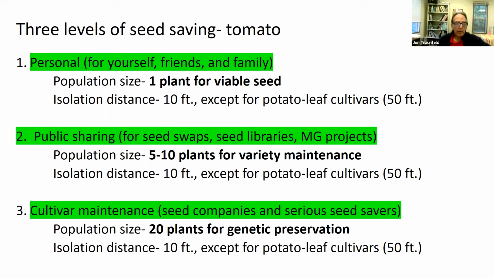And that's why the recommendation is for a 10-foot distance between cultivars. But if we have this particular group of cultivars we're growing, they're potato leaf cultivars. Some of them, and I'll show you some photos of this a little later on, actually are more likely to be cross-pollinated by bees than other varieties. So potato leaf cultivars have foliage like a potato.